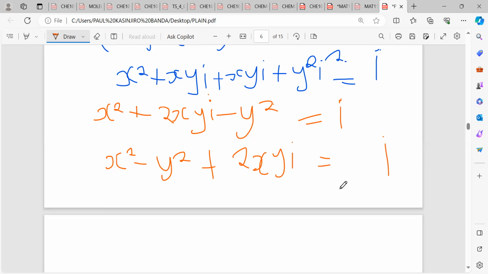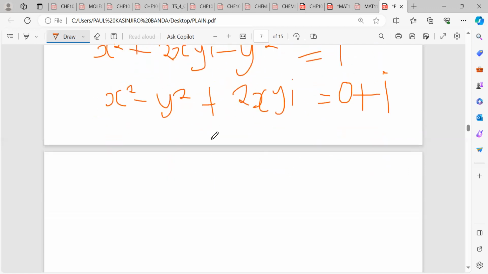From our knowledge of complex numbers, we know that any number in this world is a subset of a complex number. Meaning this i here will have a zero in front of it, because any number is a complex number. So we have a zero being added to an imaginary number, making this a complex number. So we are going to form two equations: one for the real numbers that do not have i, and the other for the imaginary numbers that have i.